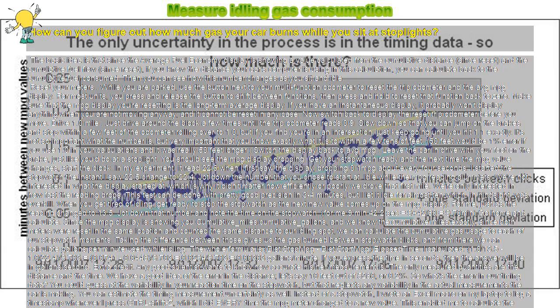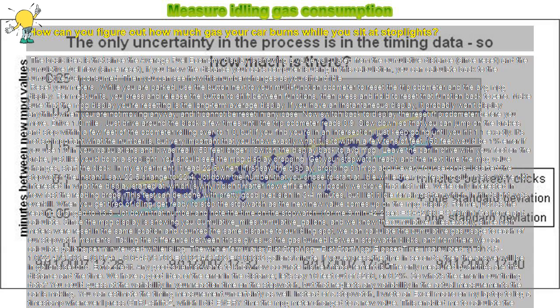Since the MPG display is showing you cumulative_miles/cumulative_gallons, and we know the cumulative miles exactly, since both meters were reset in the same location and counted the same distance to our idling spot, we can calculate the cumulative gas usage to each of our stopwatch moments.